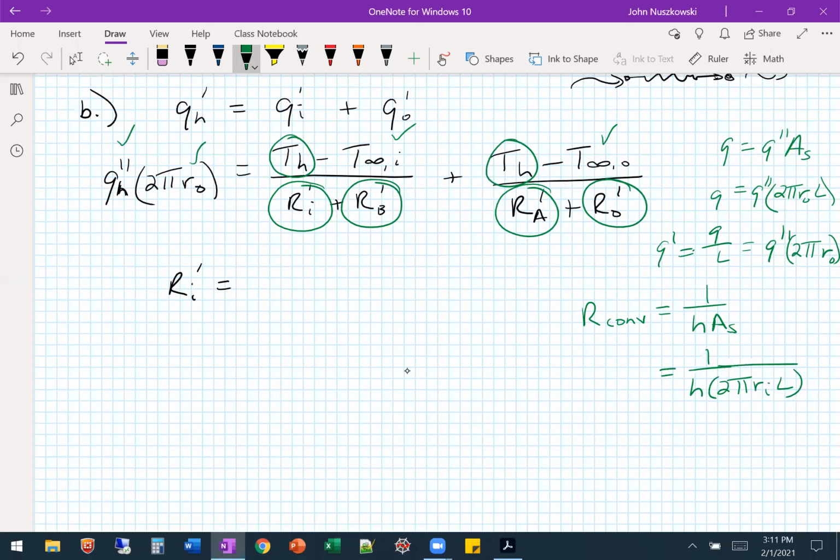But we're pulling the length out, because it's R prime. So that's our resistance equation per unit length for the inner convection.